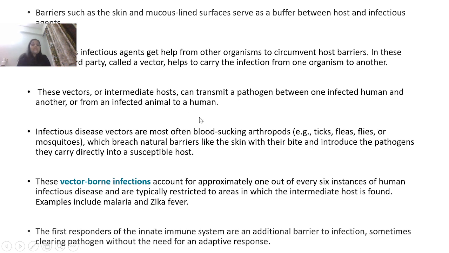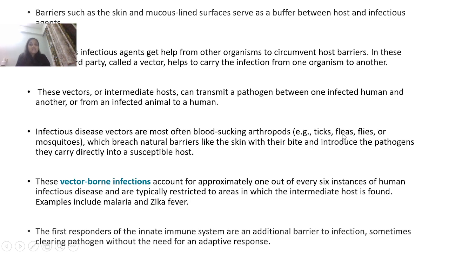It need not be only one vector. For example, the mosquito, the most common vector around us, can carry the pathogen and transmit it to our body, and from us it can sometimes transmit that pathogen to another human. Mostly the infectious disease vectors are blood-sucking arthropods.